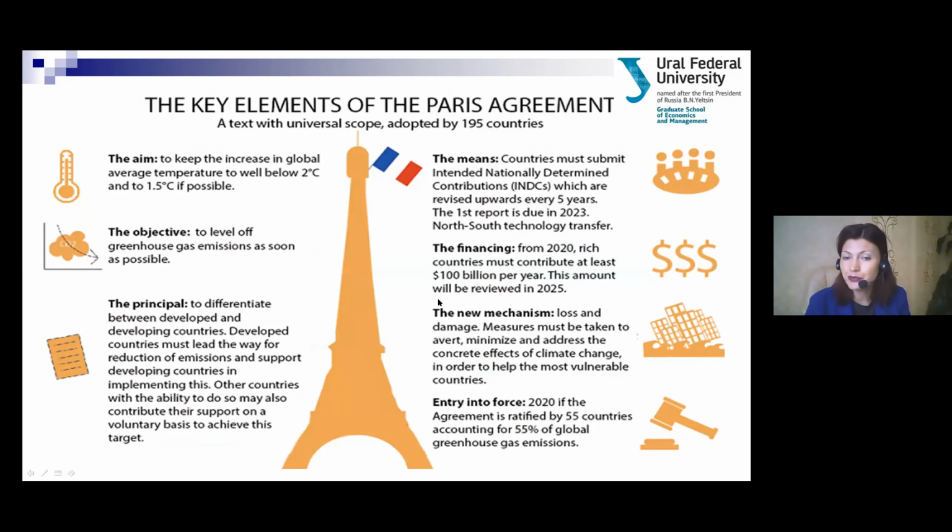Let's have a look briefly, because I don't want to go into details of this, but the Paris Agreement is very important because it was adopted by 195 countries, but not everyone ratified it. By the way, Russia ratified it only last year, in 2019.